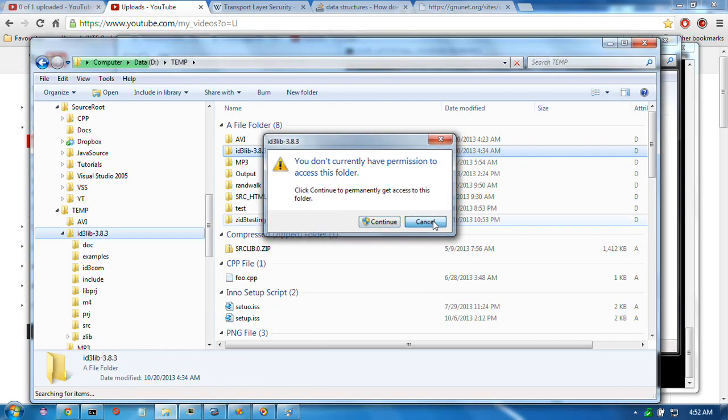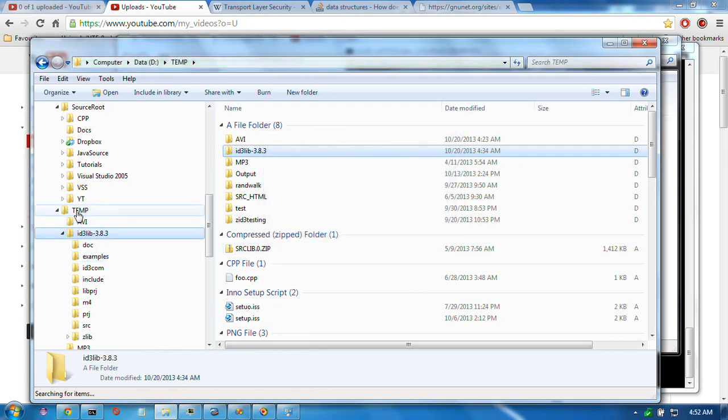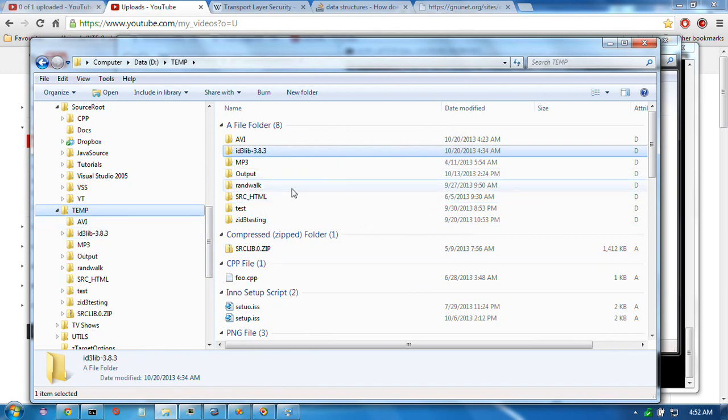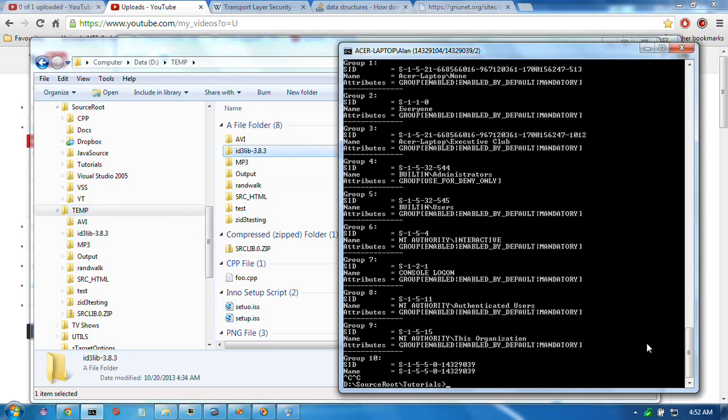It'll override and give me access back if I want. That's not my goal here. I know how to get in there. But I am a member of administrators, but my access token prohibits me from using that right.